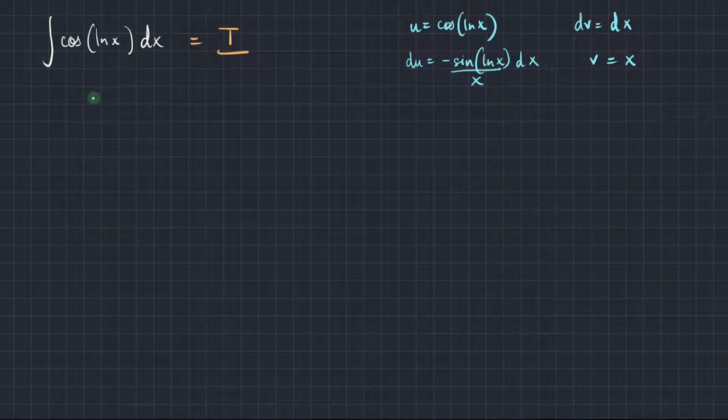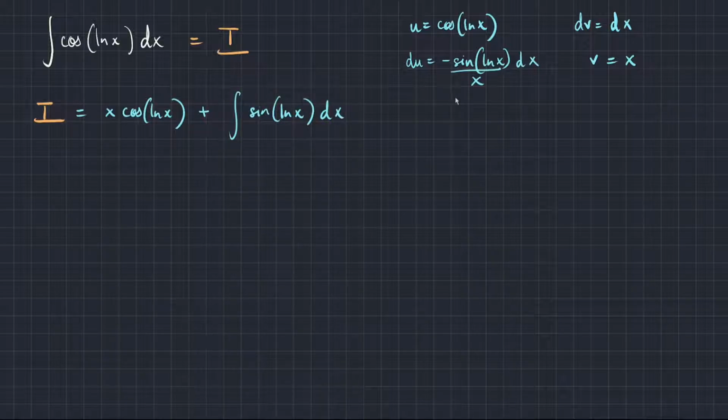Applying the formula for integration by parts, we get I equals x times cosine of ln x plus the integral sine ln x dx. And now we can apply integration by parts here again one more time and set u1 as sine ln x and dv as dx.